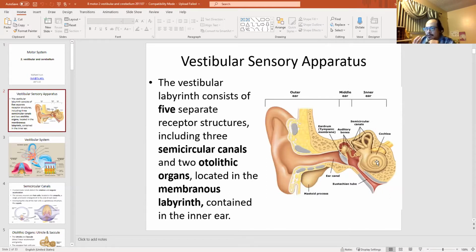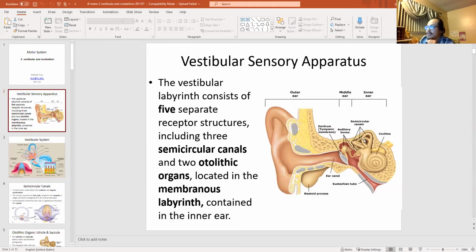Why is that special? Because this fluid is high in potassium, so that's very unique. And so the potassium channel becomes quite important in all these sensory receptors. So we will look into that.